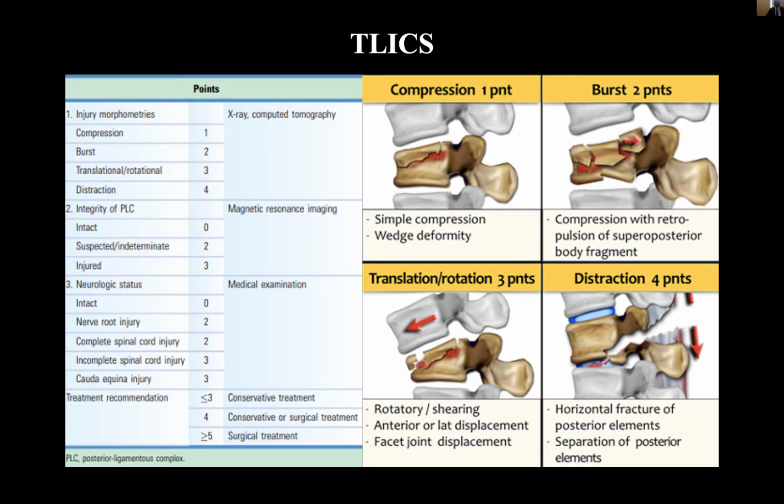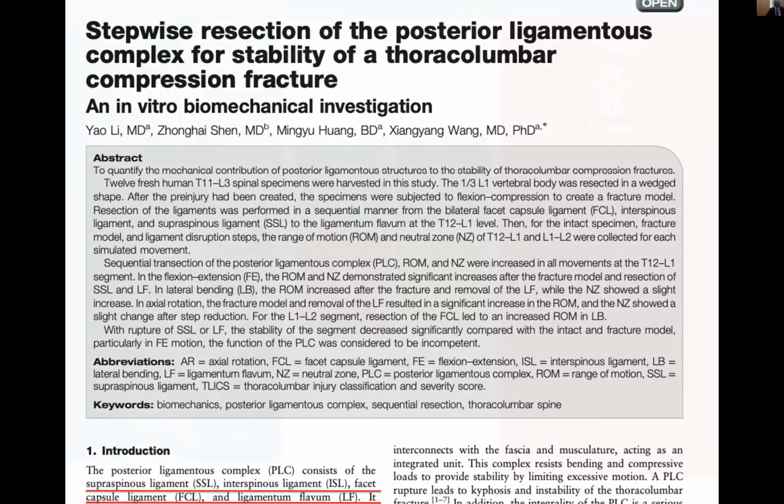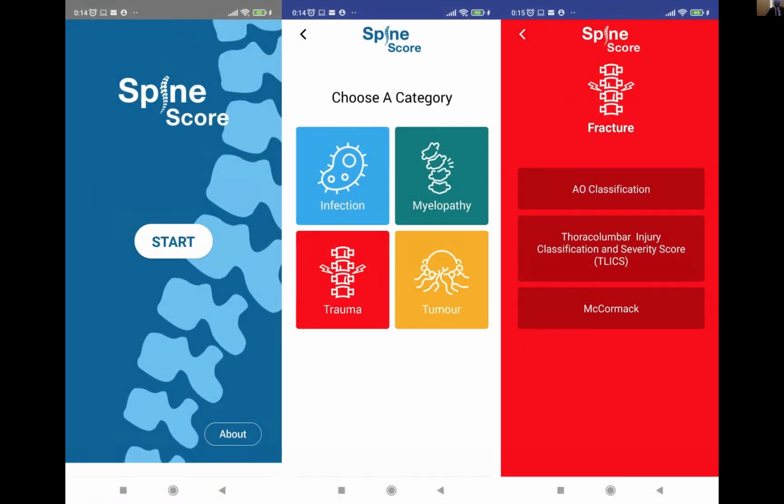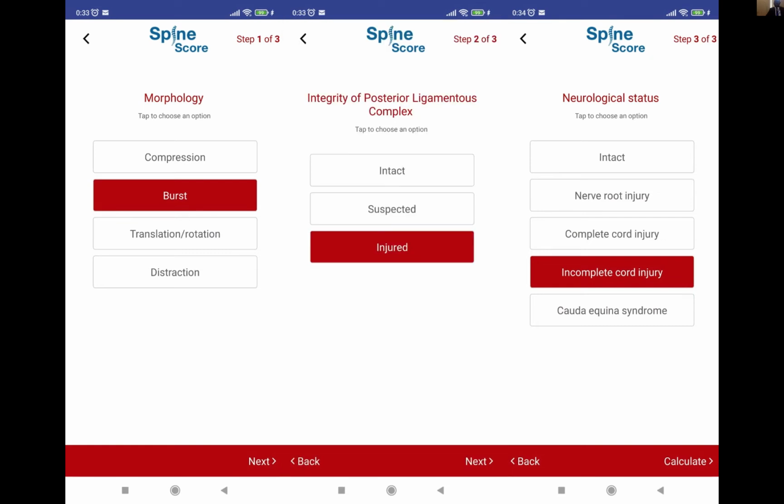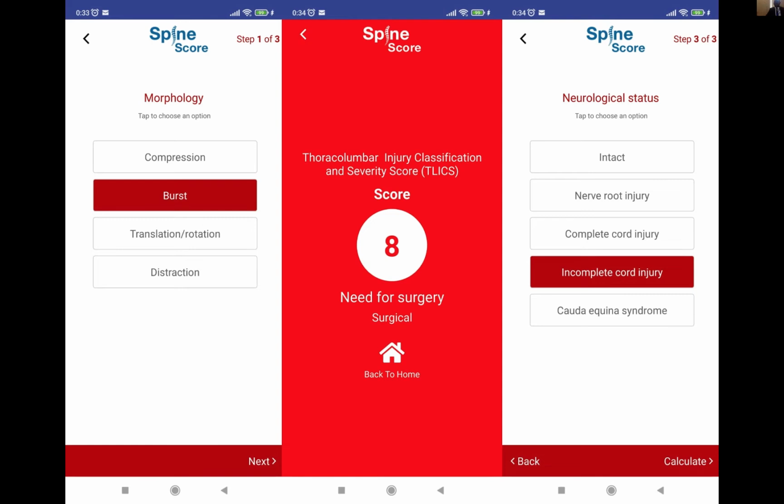You just select if the patient has a ligamentous complex injury or a deficit, and you choose the morphology of the fracture. Then it says 8. If the patient's score is greater than 5, you have to operate on that patient.